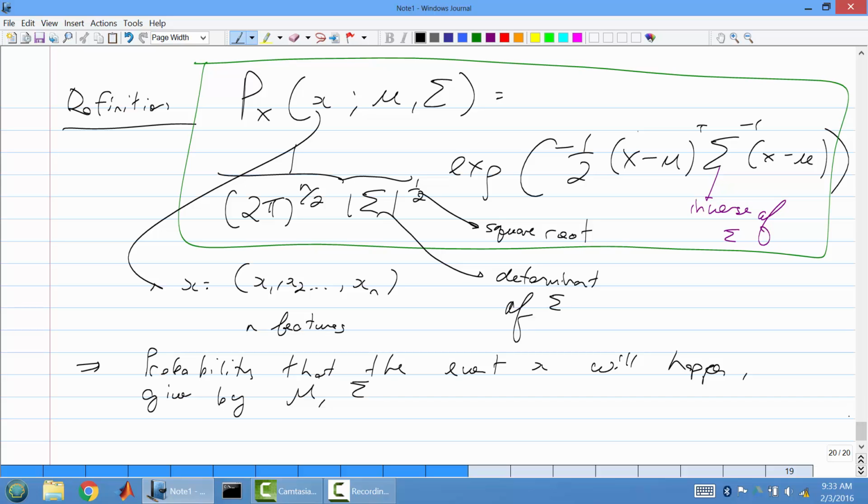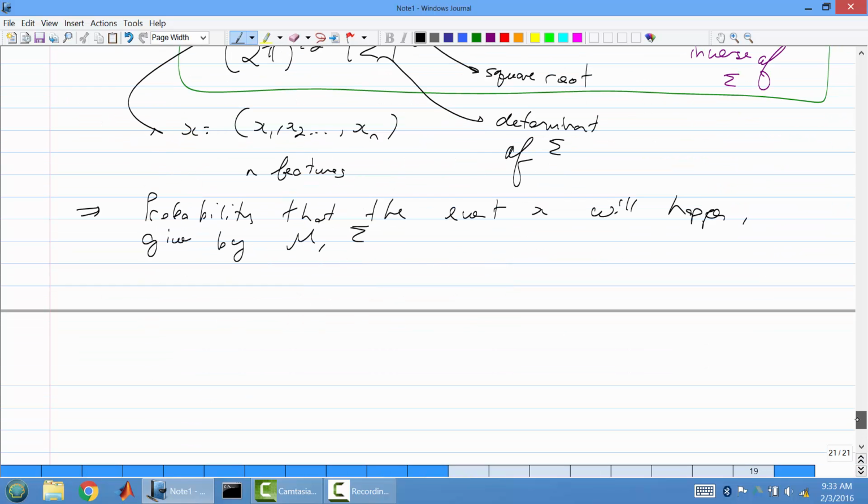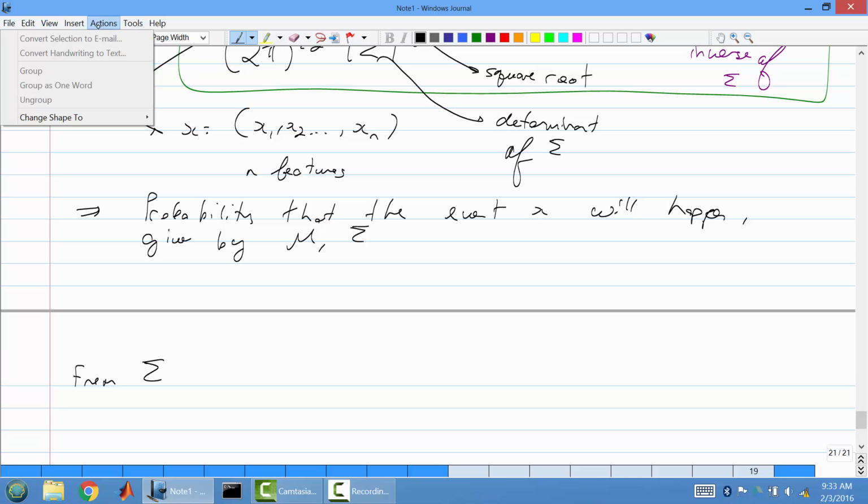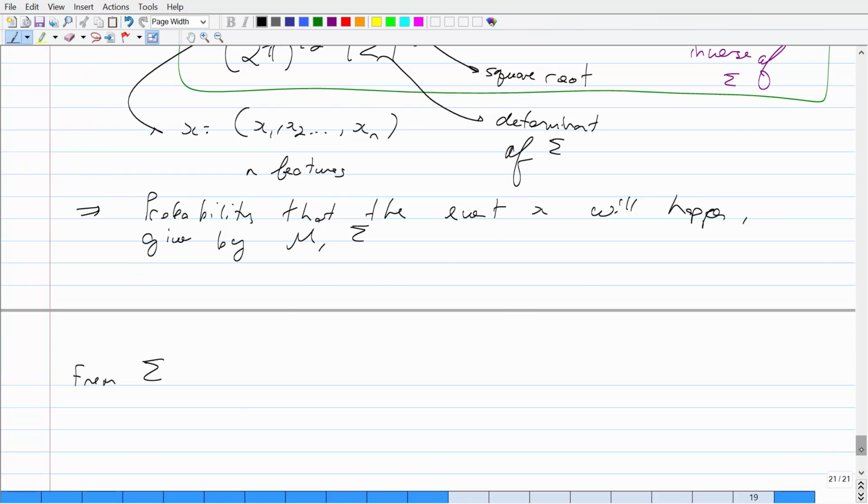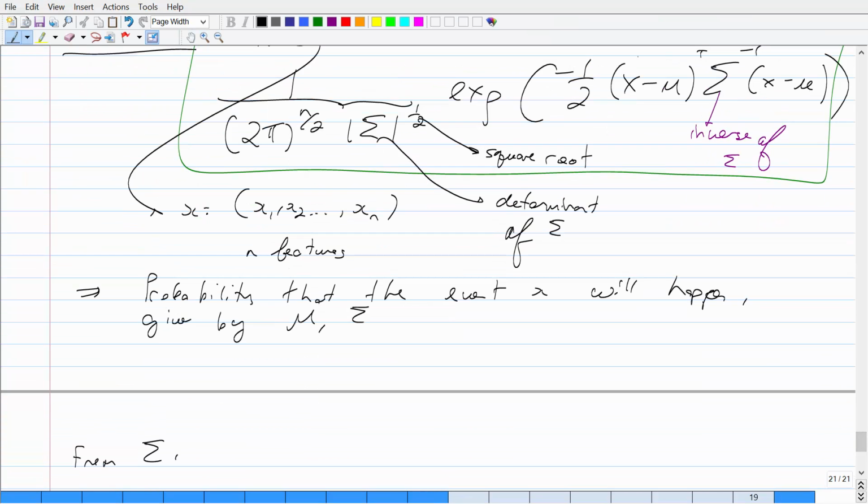So the covariance matrix is nice because it allows you to find relationships between vectors. It can determine whether or not you have features that are correlated, non-correlated, and so on. So from sigma, let me just go to full screen so you can record this. From sigma, we can find relationships between features.